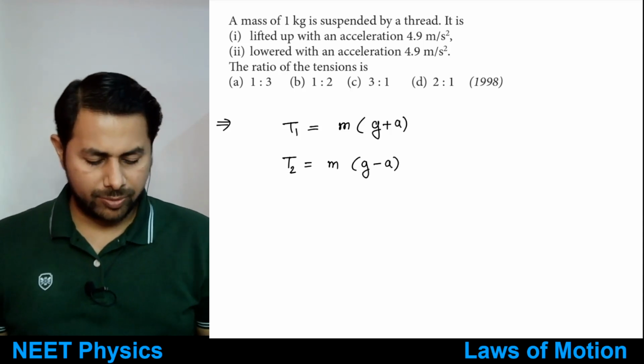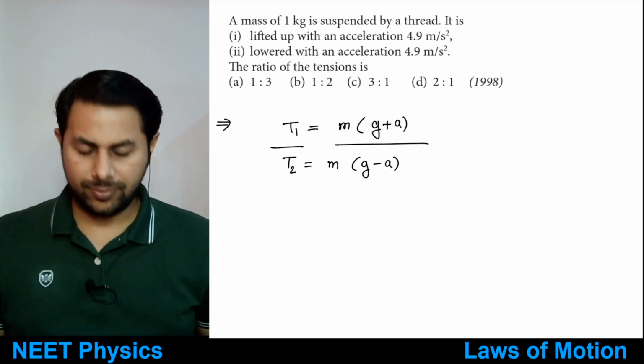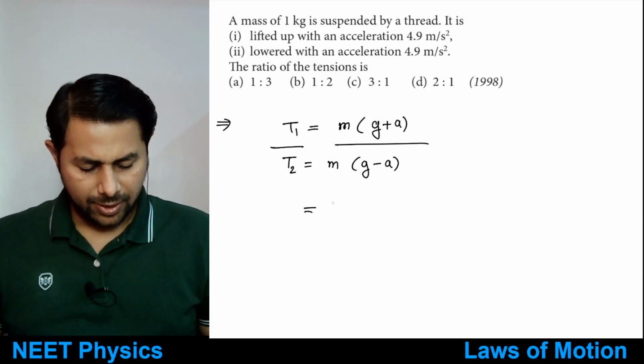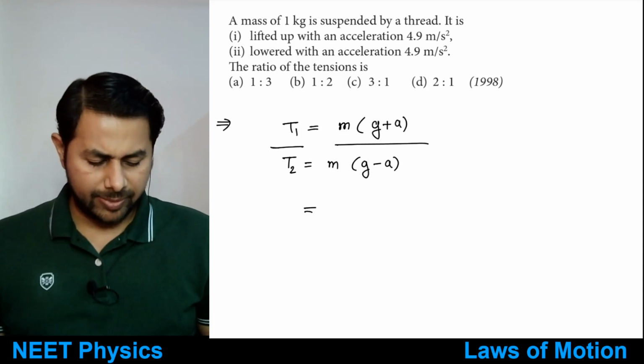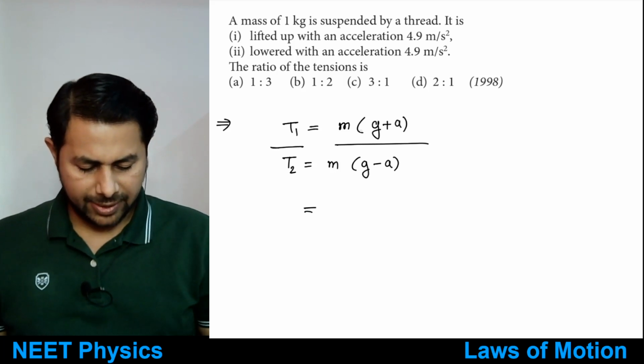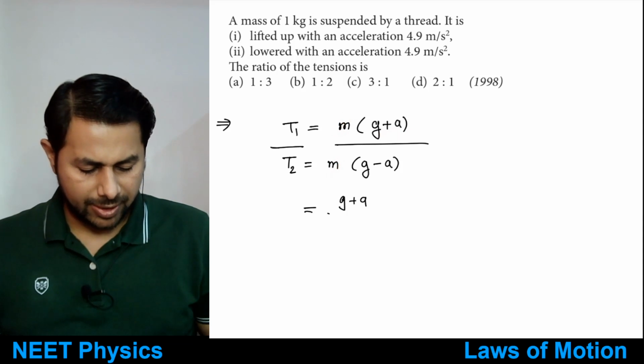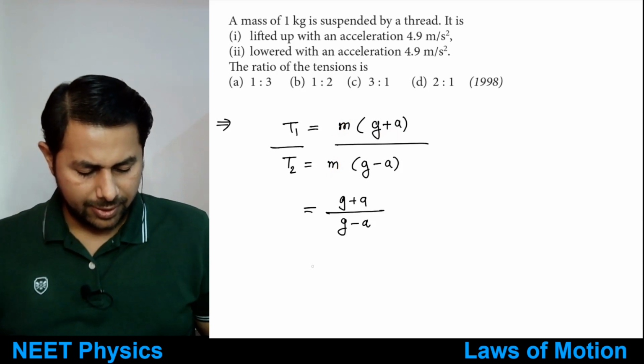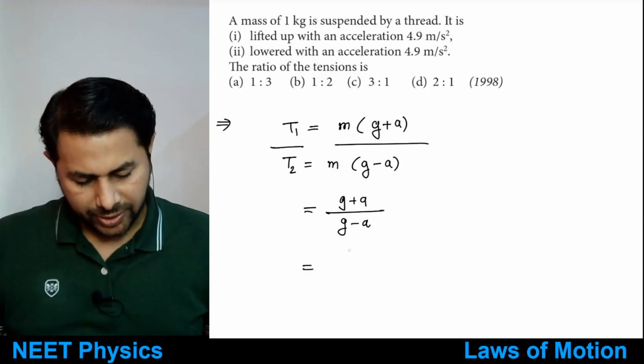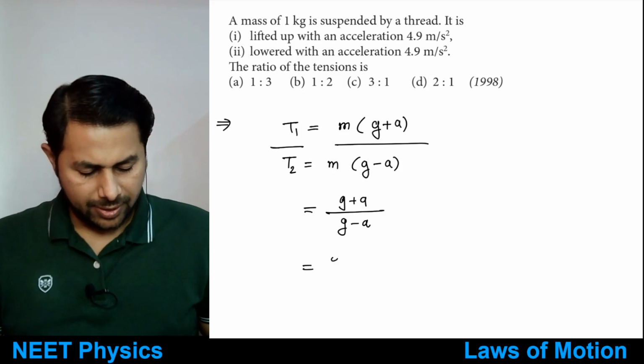We just want the ratio of the two, so T1 by T2. That is m times g plus a divided by m times g minus a. m gets cancelled out. g plus a divided by g minus a. What is g? 9.8.